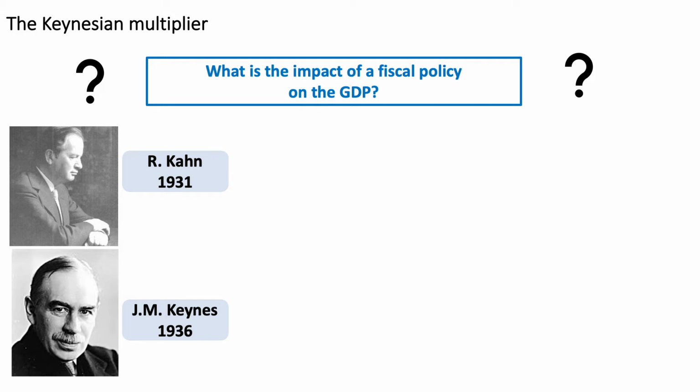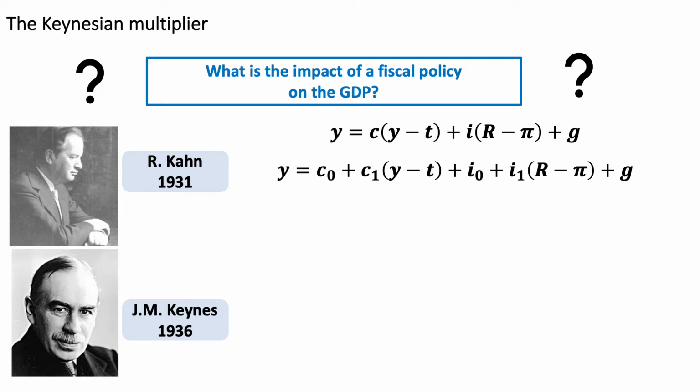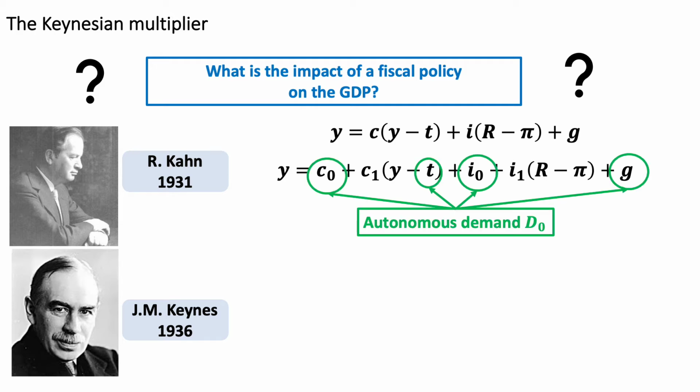Kahn and Keynes are the two first economists who attempted to answer this question. Keynes starts from the IS equation. If we look at it more closely, we can identify the autonomous components of the demand in this equation. C0, the incompressible consumption. I0, the autonomous investment.